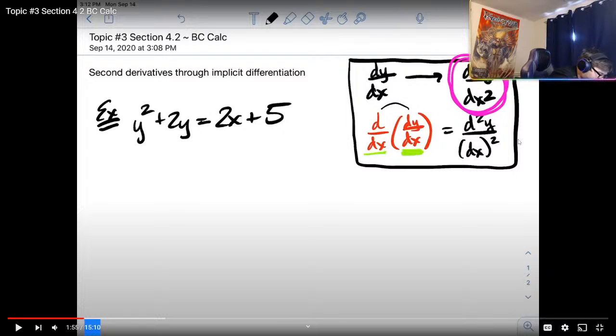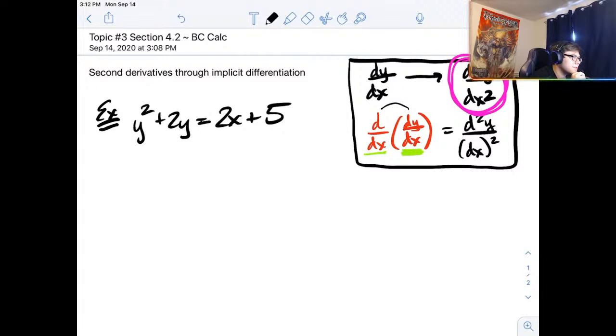Divide that, so dy over dx is going to equal 2 over 2y plus 2. There is no crazy product rules, quotient rules, or chain rules. So for the first derivative, this is going to be about as straightforward as it can get.